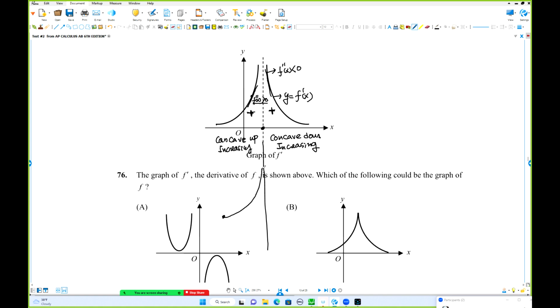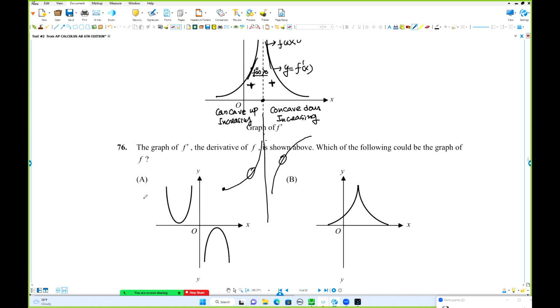The next one is concave down increasing. You can use any point. Concave down increasing. This one, is it okay? Left hand side looks like this one, right hand side looks like this one.